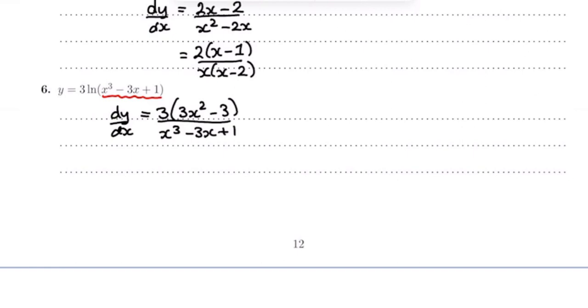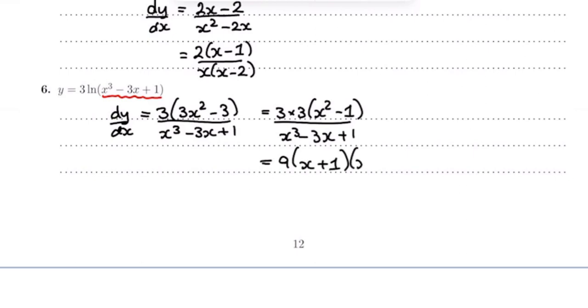Now you can simplify that slightly. Remember, you can take your 3 out, so you would get 3 times 3x squared minus 1 over x cubed minus 3x plus 1. And of course, you can see at the top you've got the difference of 2 squares, so you get 9 times x plus 1, x minus 1 over x cubed minus 3x plus 1. But you don't need to take it further.